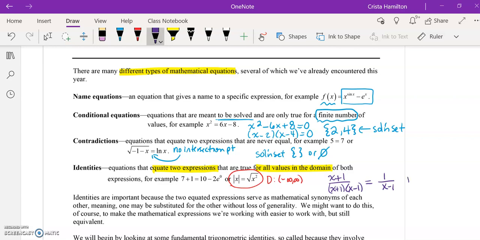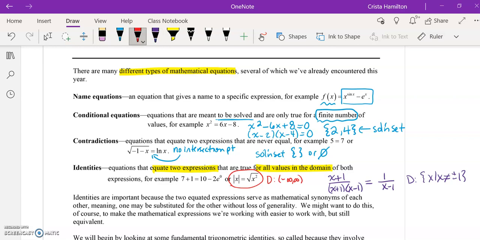So our domain of this equation is going to be all x such that x does not equal plus or minus 1. These two expressions would return the exact same real number for every value of x, except in the case where x is 1 or negative 1.